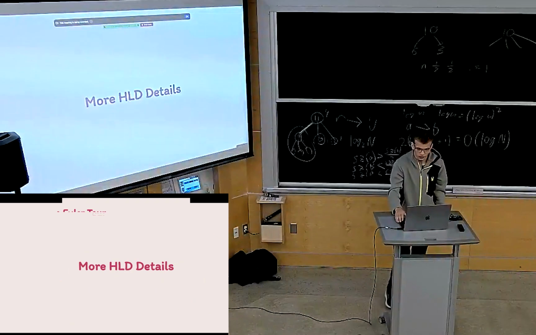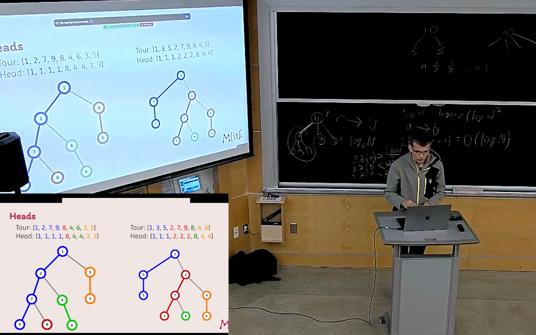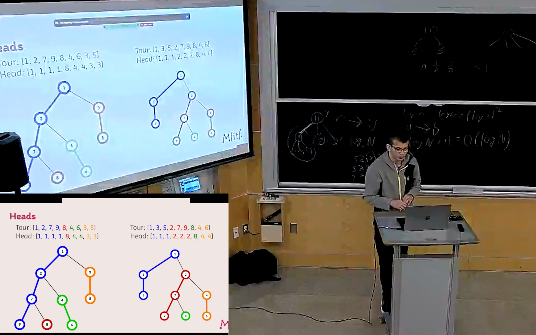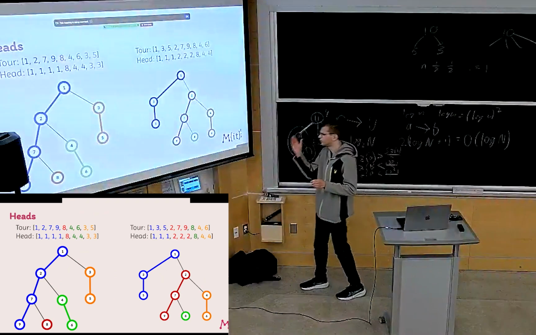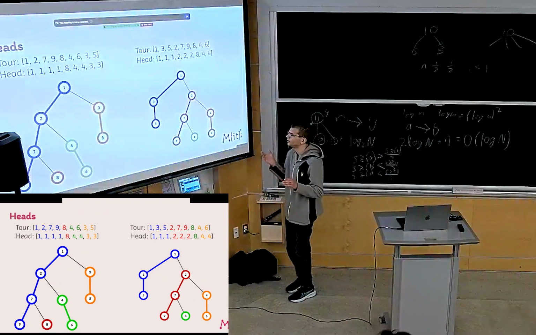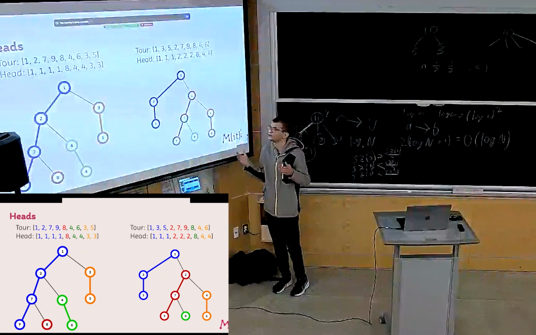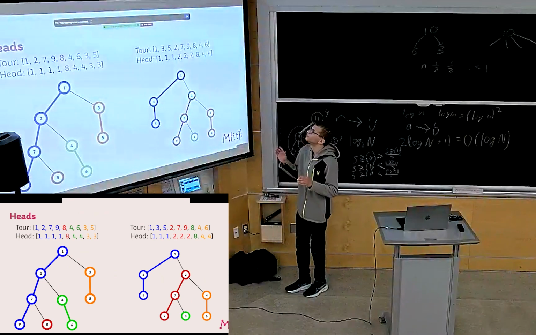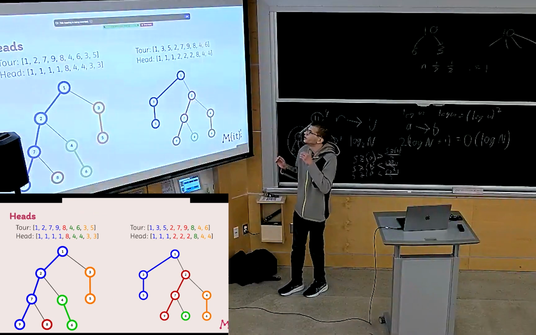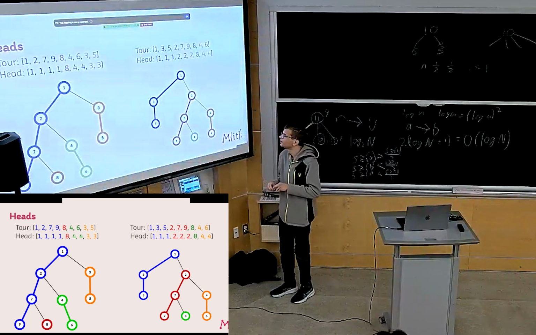Okay, now let's get into a bit more detail about how our algorithm will work. So far I've given you a high level overview of how the structure works, but I haven't really told you what variables you will actually store to represent this structure. One important variable is the head of each segment.